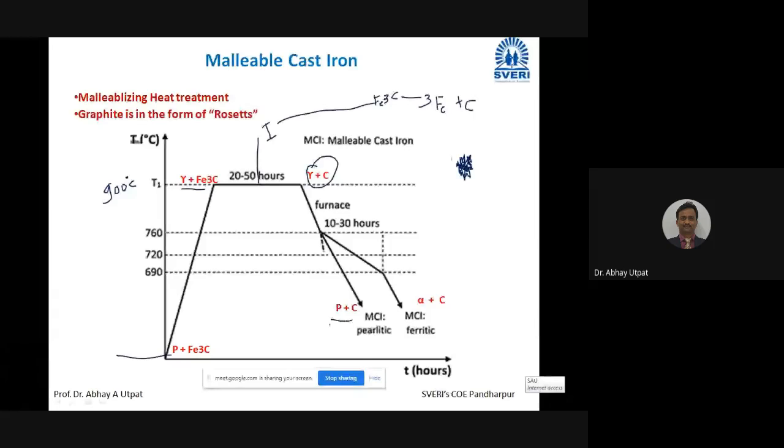So pearlitic malleable cast iron is produced, and the structure is pearlite plus free carbon. If you cool it slowly, 10 to 30 hours, in this slow cooling, Roman 2 is nothing but the second stage of graphitization reaction.